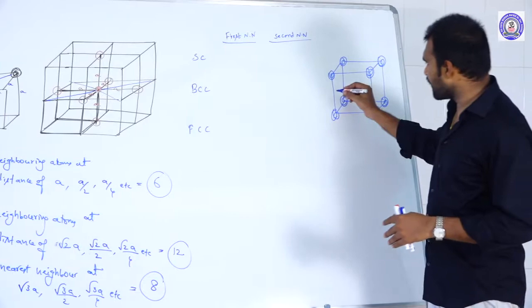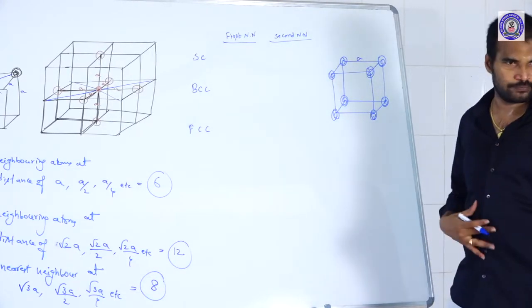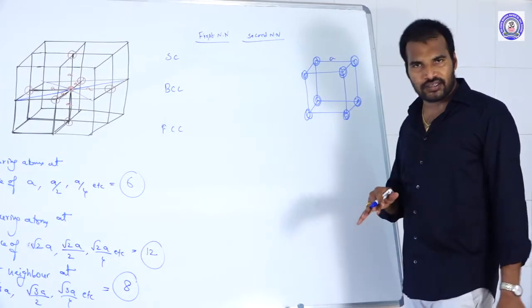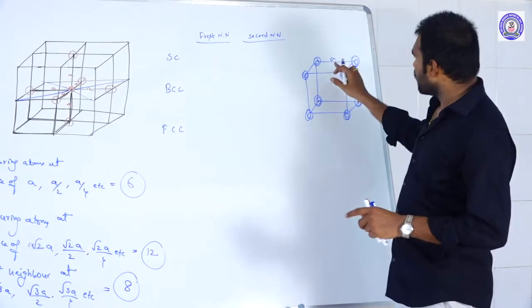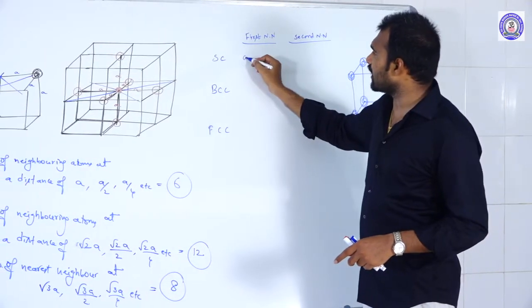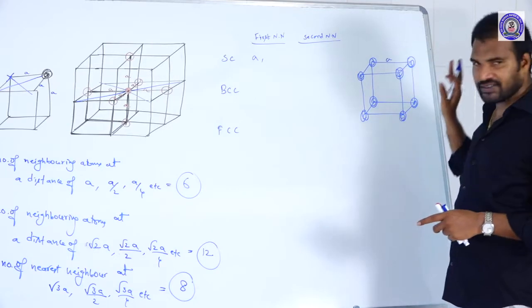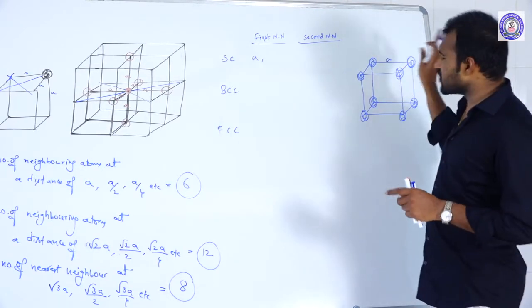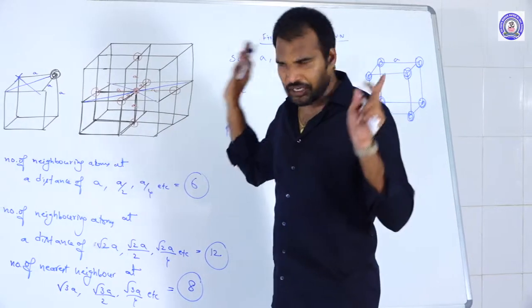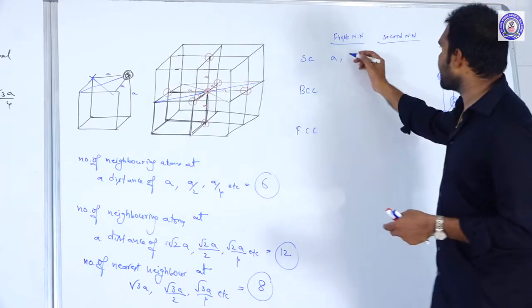Shortest distance definitely should be A only. There is no other shortest distance between them. Okay, so what is the formula for them? For first nearest neighboring distance it is A. Understood? The first nearest neighboring distance is A. At a distance of A in any cube, how many atoms? So the nearest neighboring atoms are 6.